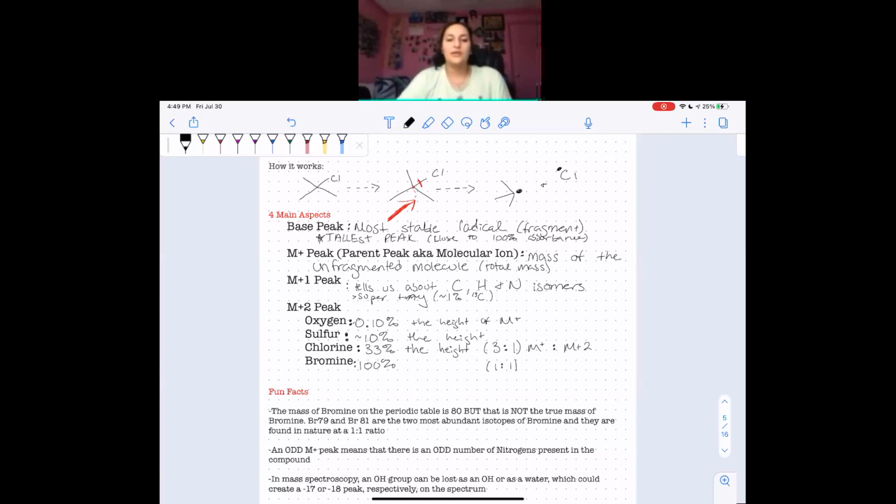So that would show you either a minus 17 or a minus 18 peak on the spectrum. I know that's kind of hard to grasp when you don't have a picture, so if you don't know what I'm talking about, please watch the SI session or the concept video on mass spec.